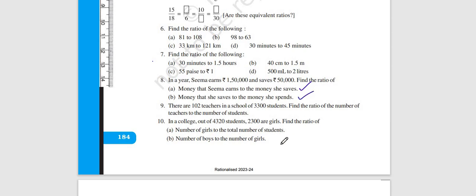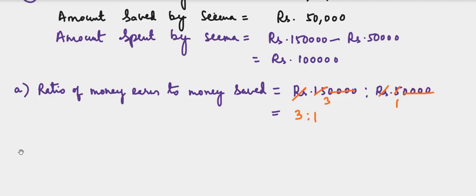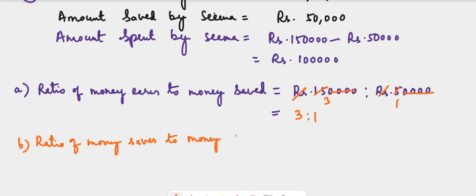Now come to the second question. What is the second question? Money that she saves to the money she spends. Ratio of money saved to money spent is equal to rupees saving amount, how much? 50,000, is to rupees 1 lakh.